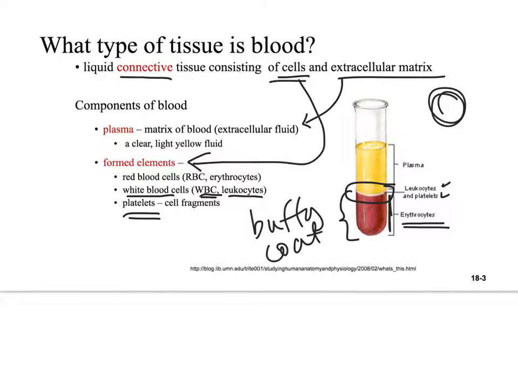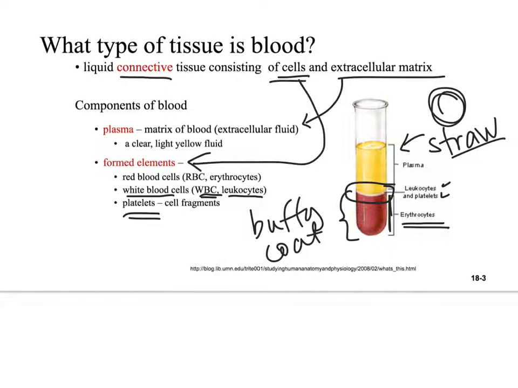It's really thin. And then on the top, that's where the plasma is going to be. Sometimes they describe plasma as straw colored, like the color of hay or straw. So it's a clear, light yellow fluid. It should be clear. You should be able to see through it.